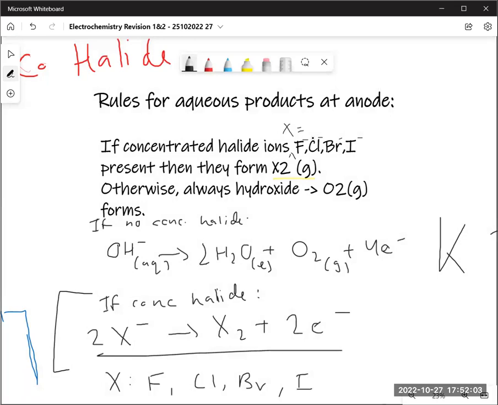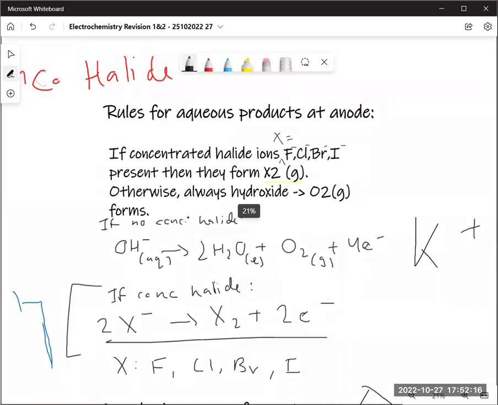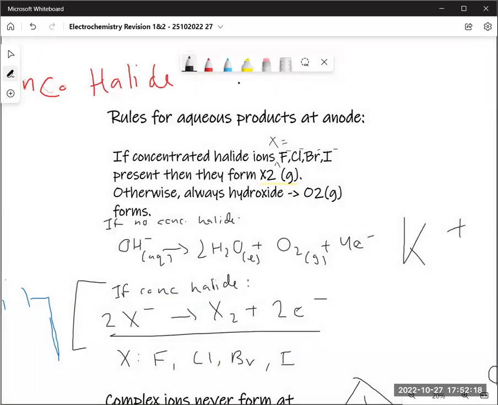Diana, finished? No, sir, I'm still writing. Are you writing the whole thing again? No, just the down part. All right. You just have to add this line, the yellow highlighted one, to form X2 gas. Just add this word right there.